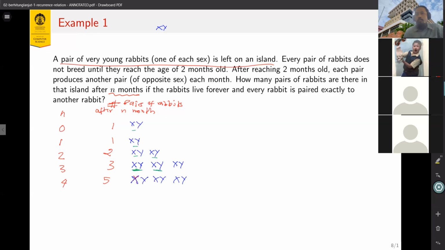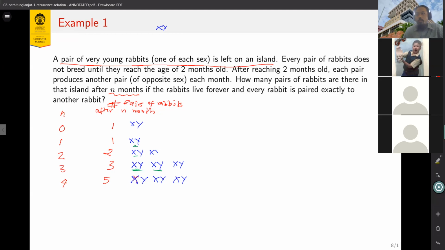Let me mark with green underline if the pair is 2 months old at the end of the nth month.